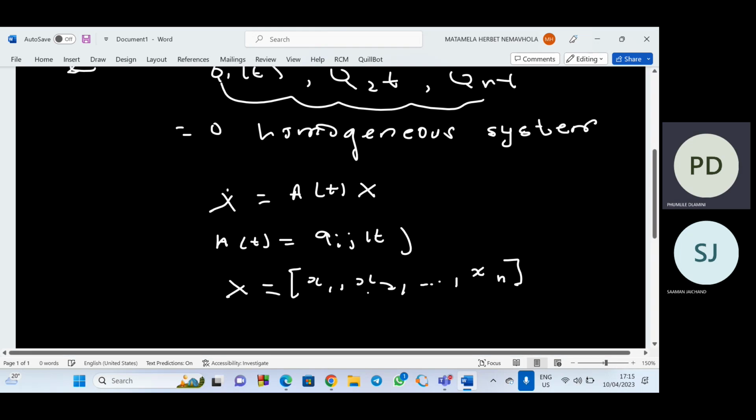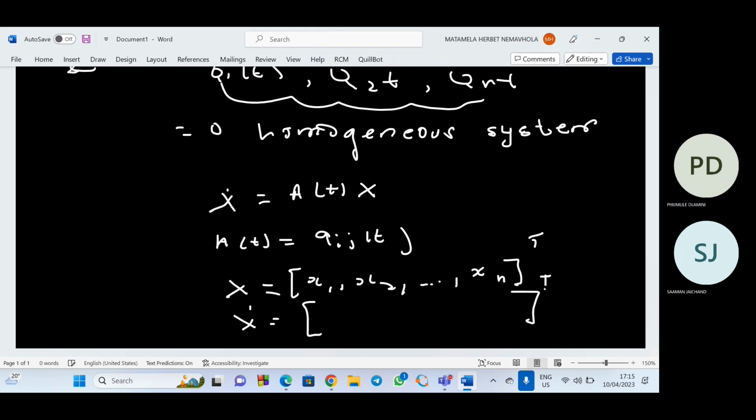In this way, I have written this matrix in a transpose way. I will just write a T for transpose. And the same applies to x dot, whereby if you write it in transpose, it's going to be x dot 1 up to x dot n.